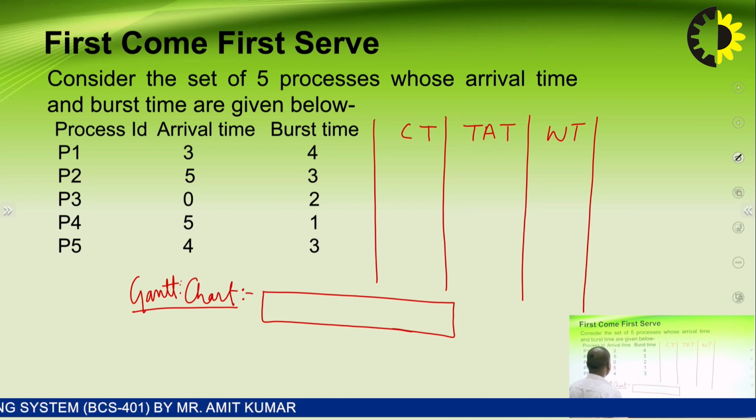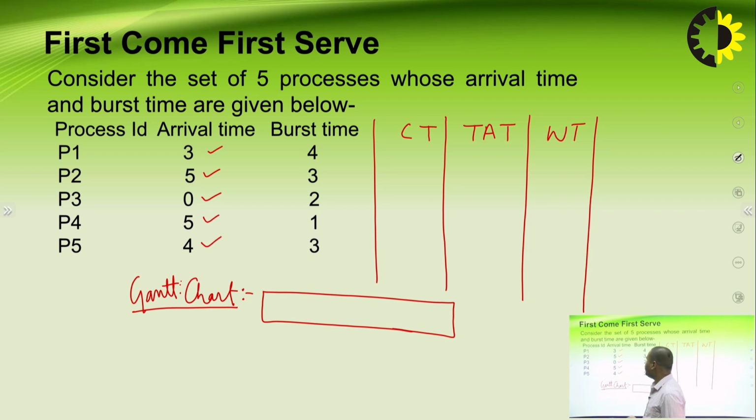So for the Gantt chart, we are making a chart for solving the problem. P1 has an arrival time of 3, P2 5, P3 0, P4 5, P5 4. These are the arrival times of the processes. For first come first serve, we start at 0, because this Gantt chart represents the CPU time.